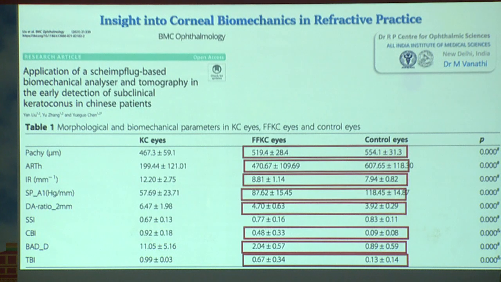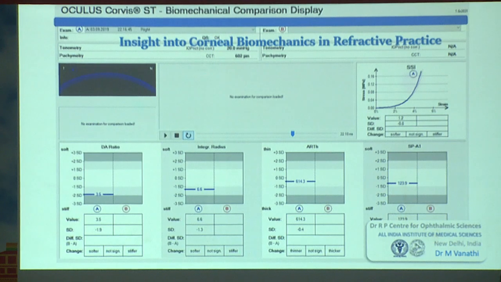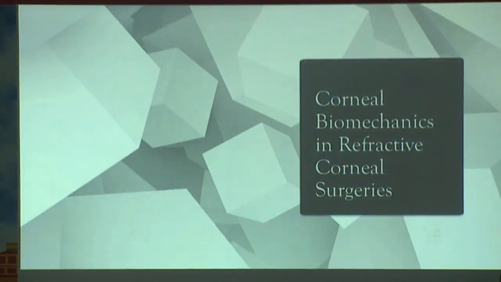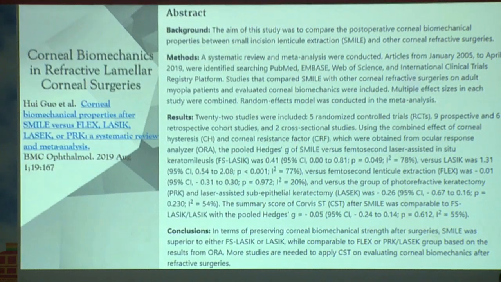But what you would really look at, when you compare control eyes and keratoconic eyes, some of the factors which are most important are the stiffness parameters and the deformation amplitudes. When they are moving away from the normal ranges is when you're probably going to be looking at these being abnormal, and warning you that these are predisposed corneas, and you'll probably want to consider an alternative procedure for refractive correction in these.